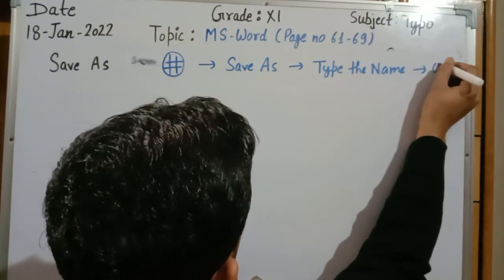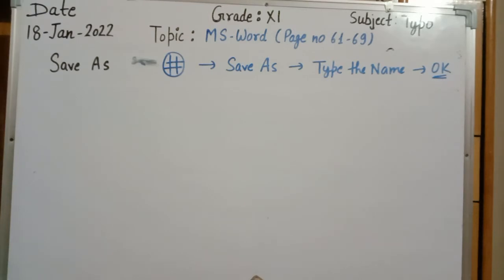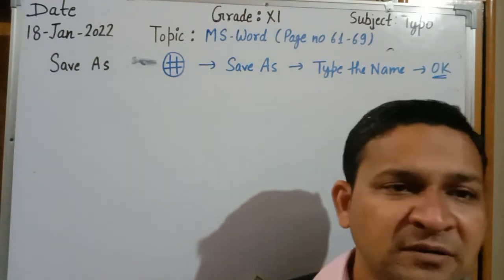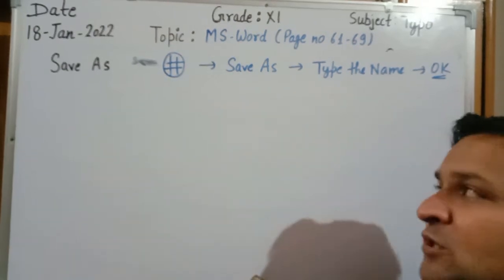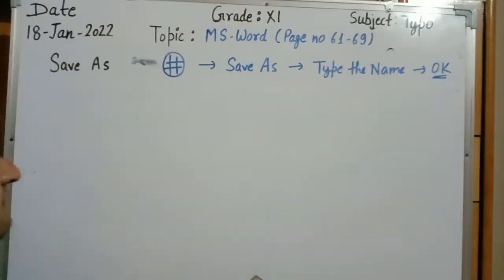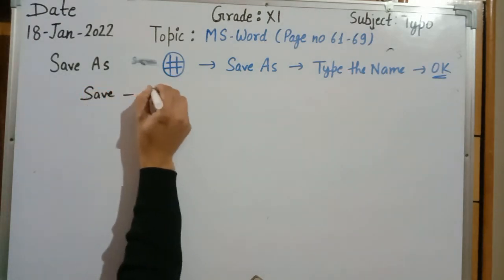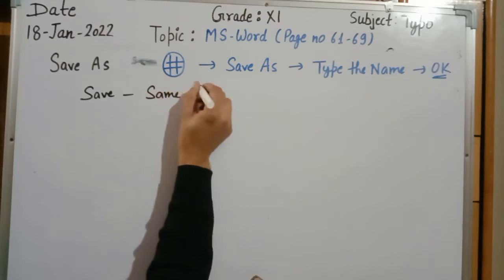It will save in the specific location where you are saving the document. The first time you save the document, save as and save are both the same. But the next time you save the document, it will save in the same file. So the save option will save the document in the same file.